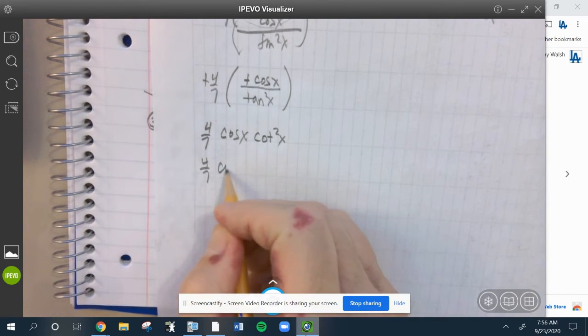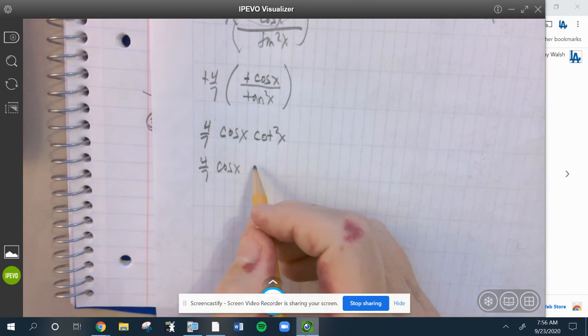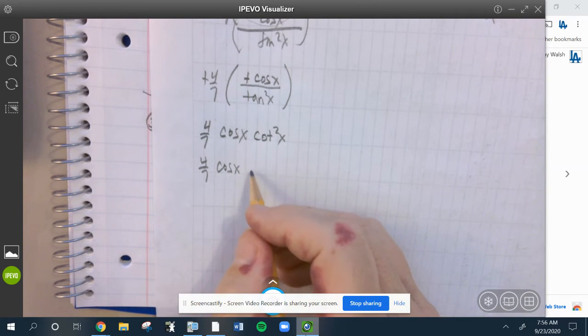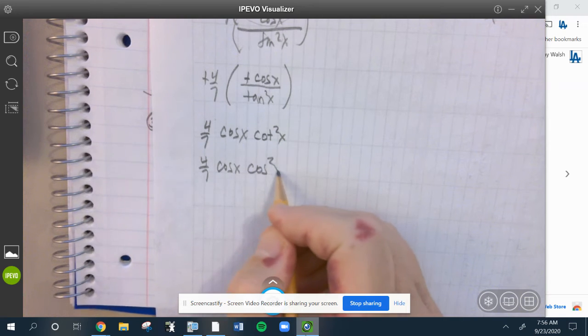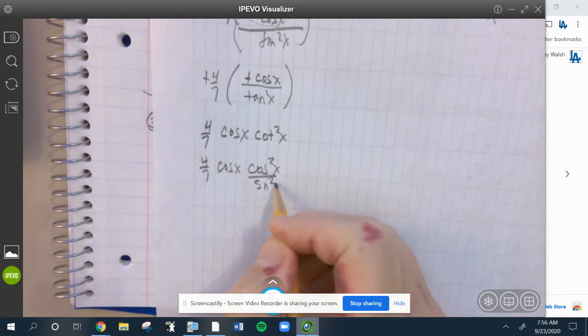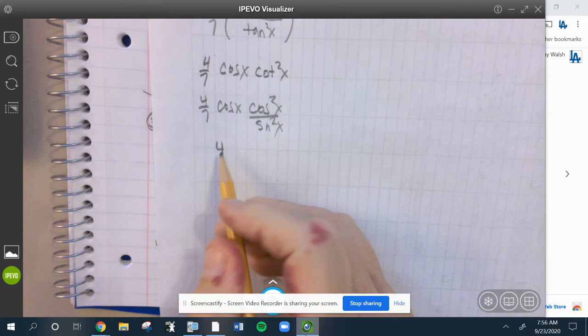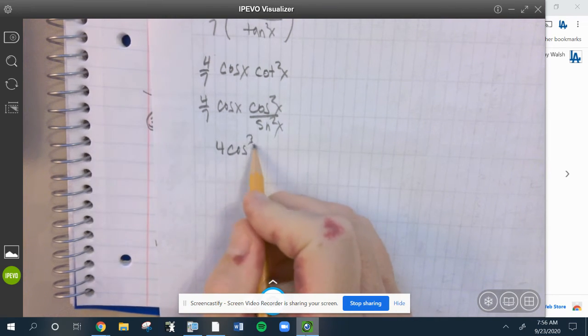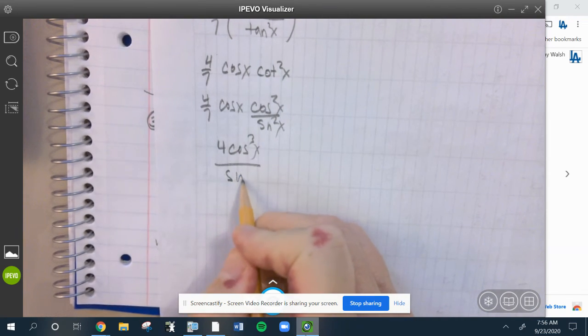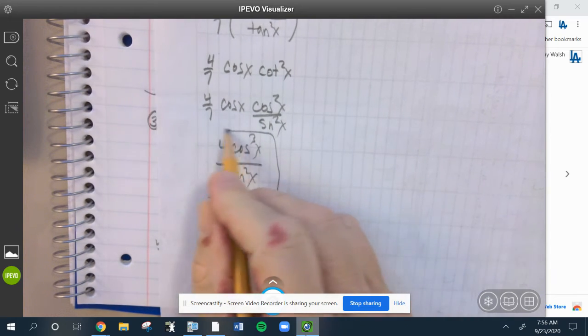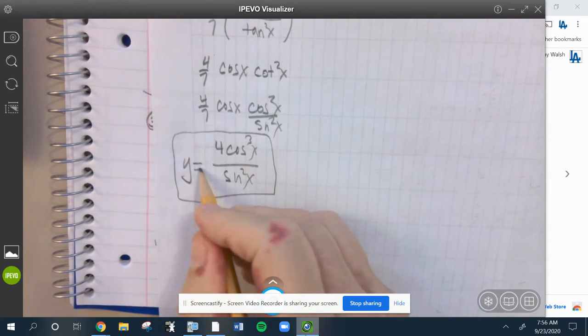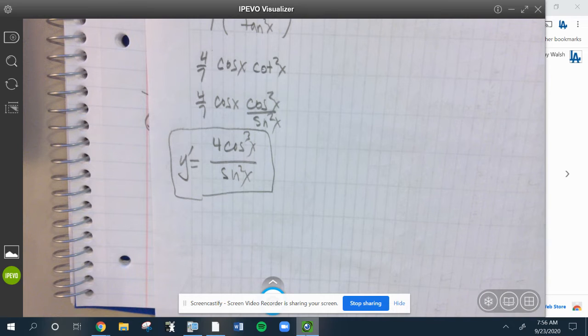So I'm going to change the cotangent to, if tangent is sine over cosine, cotangent is cosine over sine. So my final answer is going to be 4 cosine cubed x over sine squared x. Hopefully I didn't make a mistake. What I'm going to do is check that on Wolfram Alpha later.